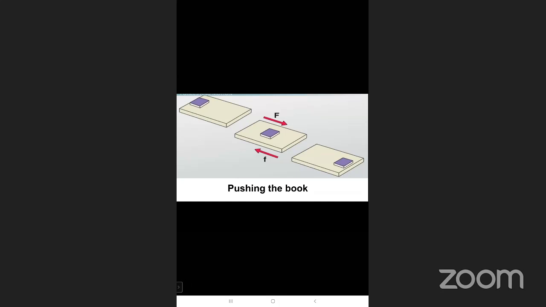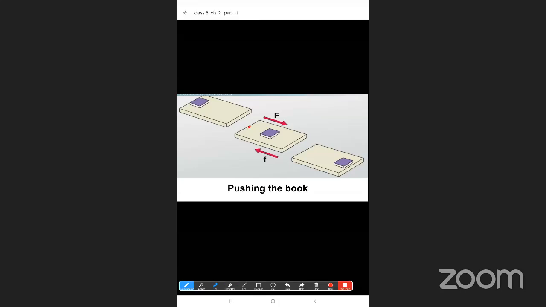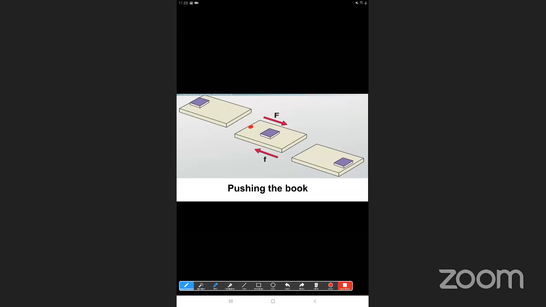After pushing this book, you observe that the book moves for a certain distance. The position of the book is here at first. After pushing, the position of the book changes to here.